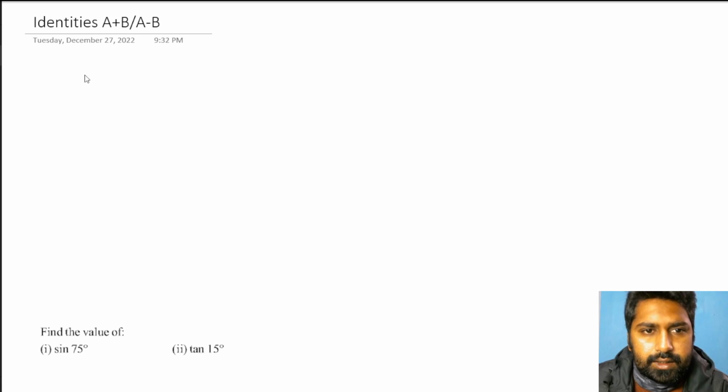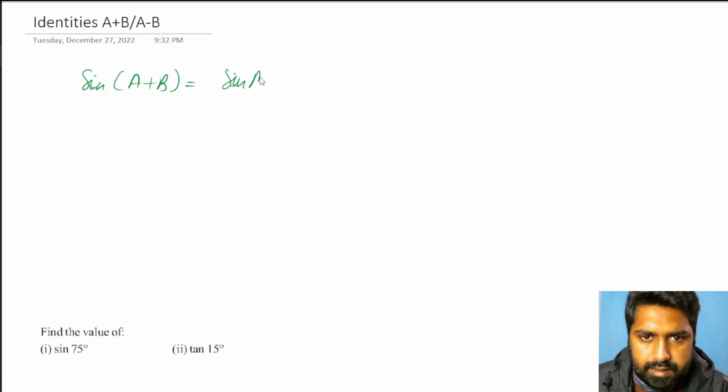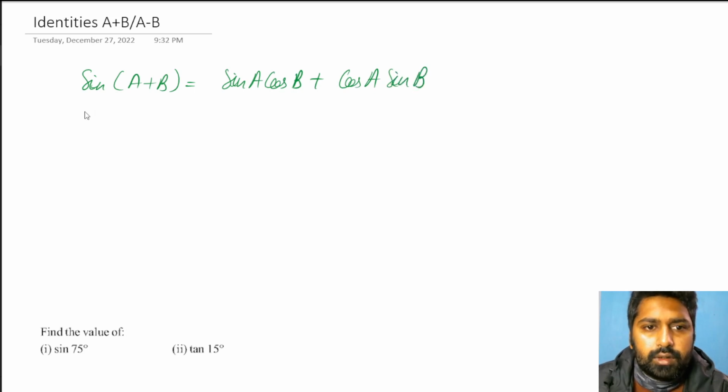So the first identity is sine a plus b. Now sine a plus b is sine a cos b plus cos a sin b. Okay.